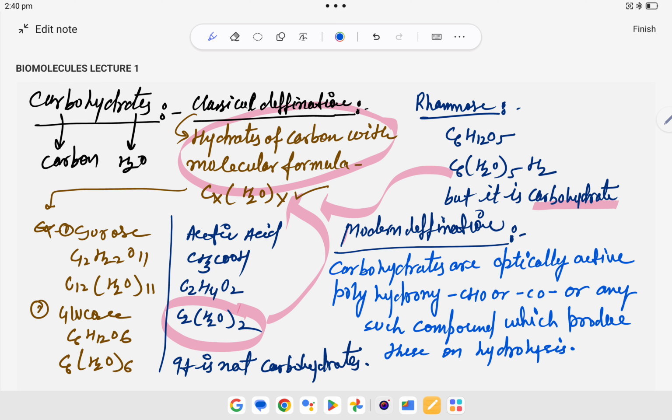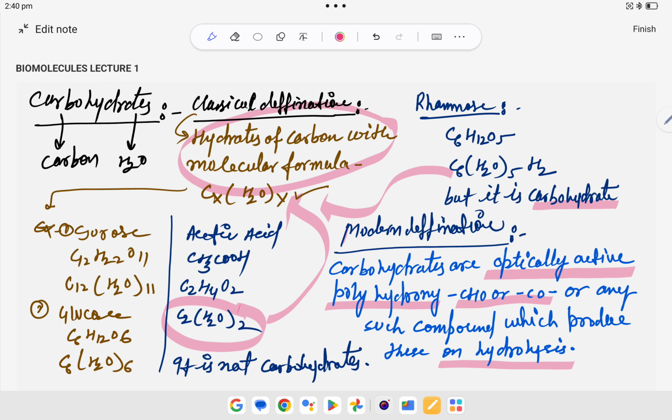Check the definition properly. It is saying, first thing, carbohydrates are optically active polyhydroxy aldehydes or ketones or any such compound which produces these on hydrolysis. So this is the definition.